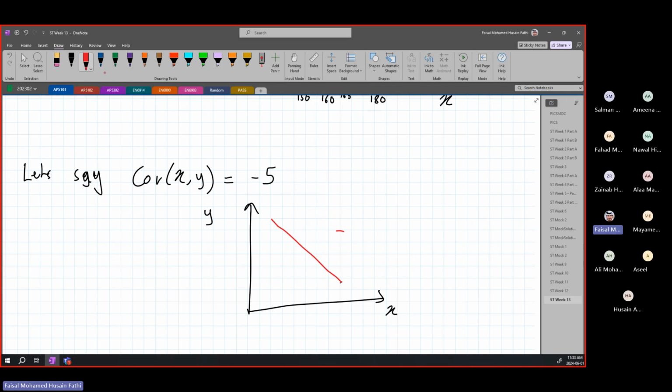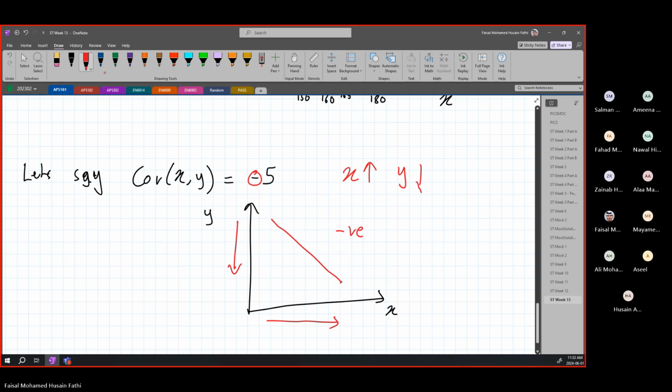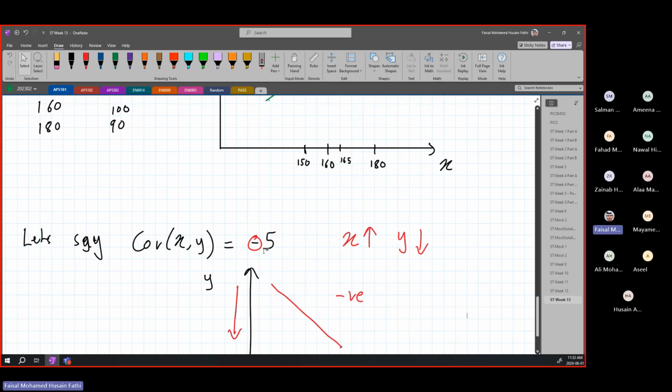Why? Because this is a negative slope, because we have a negative value here, meaning as the value of x is going up, the value of y is going down. This is what is meant by a negative covariance or a negative slope, basically. And this is basically it for covariance.